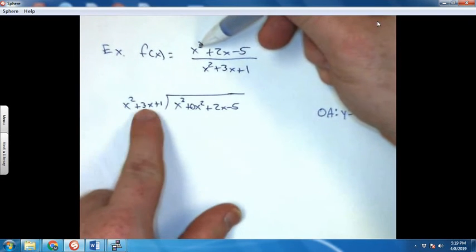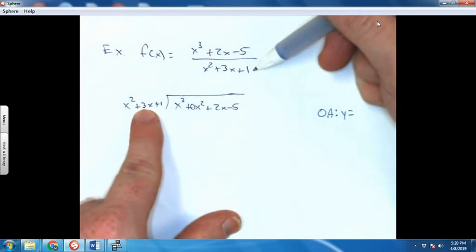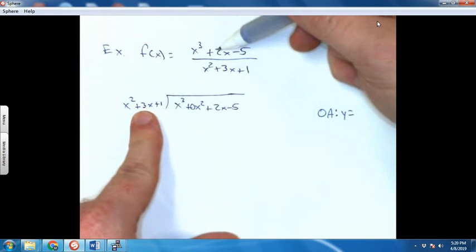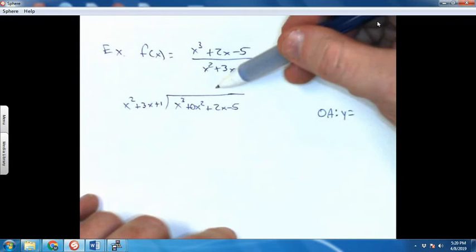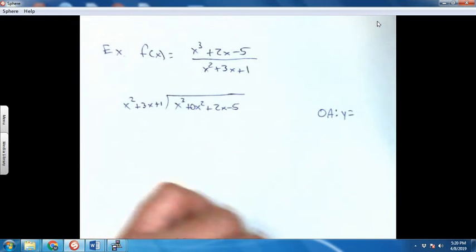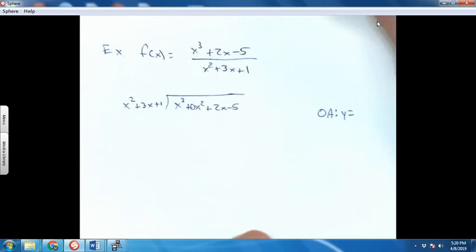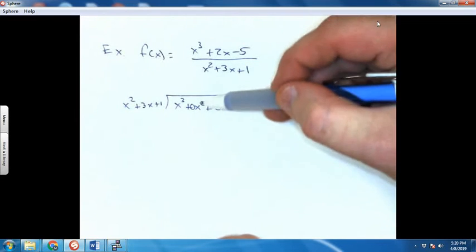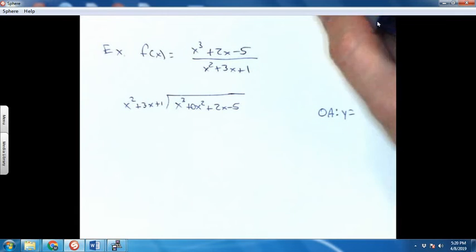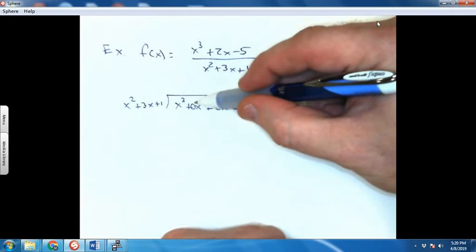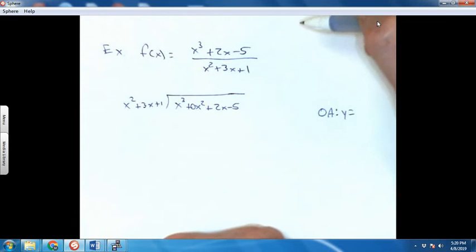If either of these is missing a term, meaning the powers of x skip 1, you must put a placeholder 0 in there. If not, your columns will not line up. Okay? And you may not recognize why, but it comes down to, oops, you skipped a placeholder.